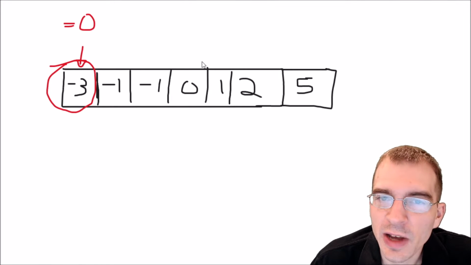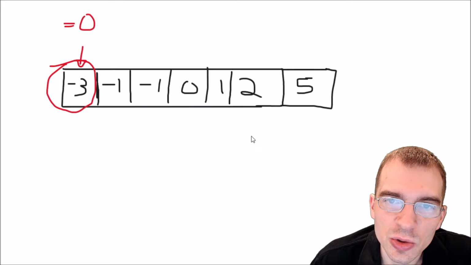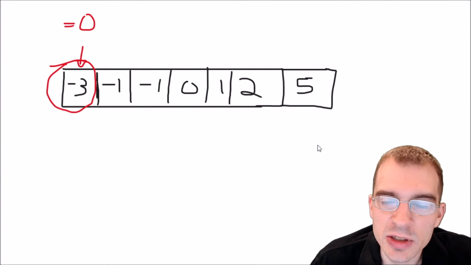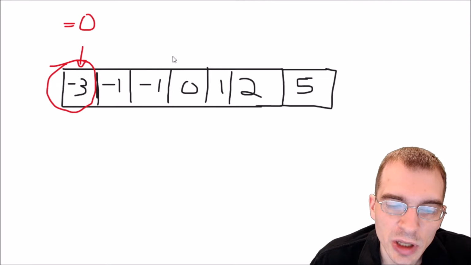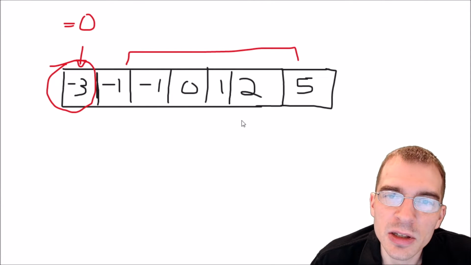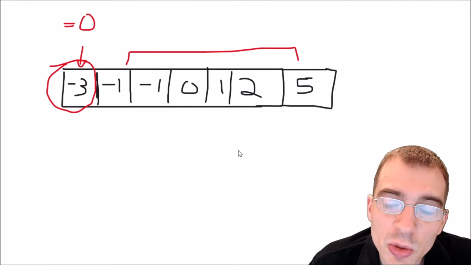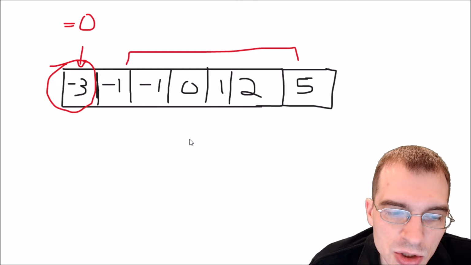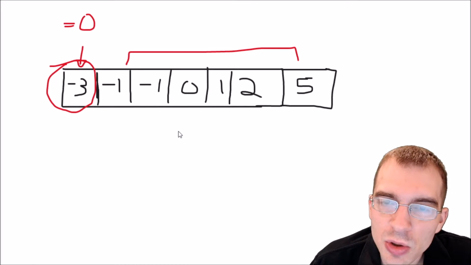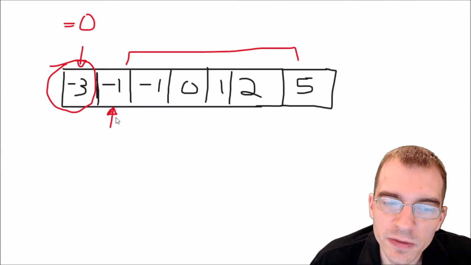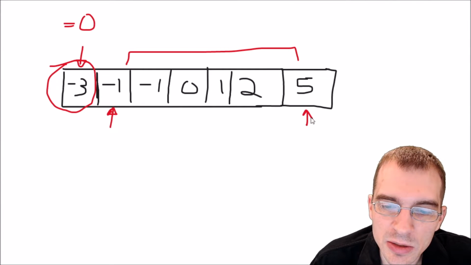And we want to use the fact that this is in sorted order to look for those numbers without checking every single combination of these numbers. We want to only have to do an order of n operations on these numbers here to find any pairs that add up to 0. So one way we can go about doing this is using two pointers or variables to store 2 points at the start of that subsequence after the one that we fixed, and at the end of that sequence.